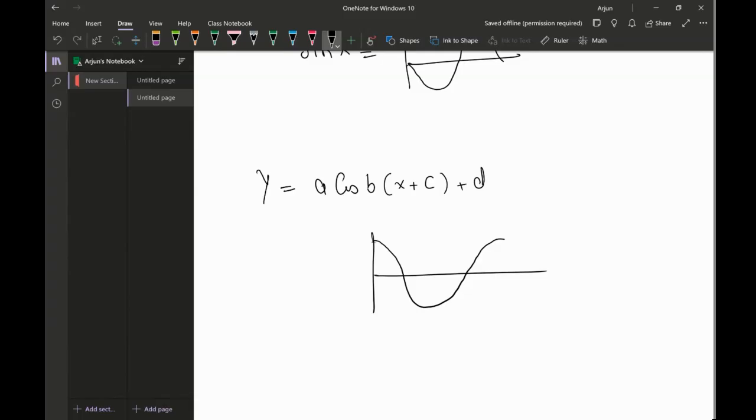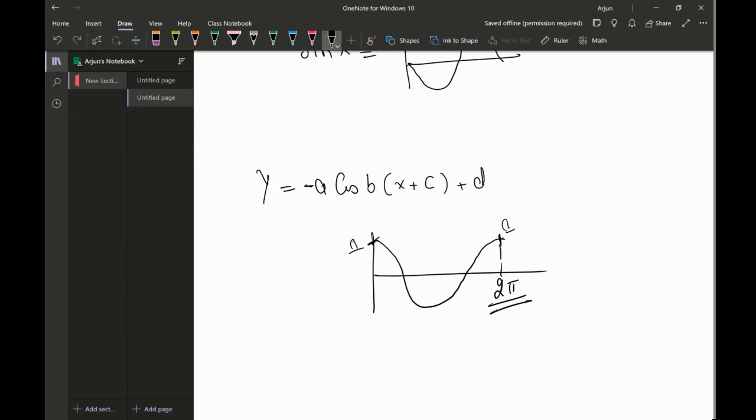This is how the graph is going to look, and this is 1, and this is again 1, and it's here, and then this is also 2 pi, and one cycle is completed in a 2 pi interval. And you're going to apply the same thing. If there is a negative, the graph is going to flip upside down.